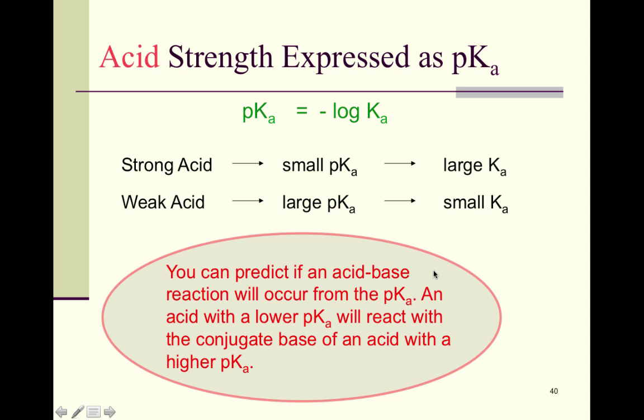An acid with a lower pKa will react with the conjugate base of an acid with a higher pKa. Again, this is all the theory stuff that you learned back in Gen Chem. If this isn't enough explanation, please go back to your Gen Chem book, or you can Google the information and get a better idea of how to look at that. Remember, you're not actually calculating. You need to know the theory and how to compare if you were given a table of numbers.